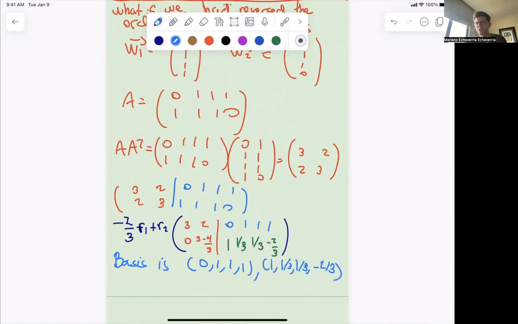It's almost impossible to avoid fractions, even if the original entries are nice. I won't give you big numbers or anything like that, but there's almost no way to get rid of the fractions.